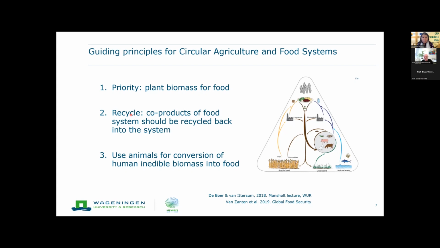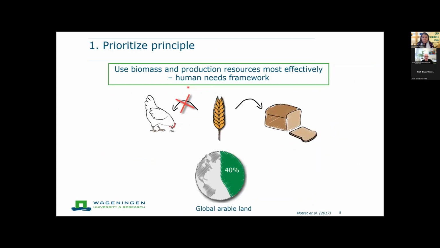So briefly about each of these principles. First one, the priority to biomass for human consumption. That's obviously referring to the feed-food competition. Currently some 40% of the global cropland area and also close to 40% of the cereal production in the world is going to the livestock sector as feed and not being used for baking bread or other kinds of products for human consumption.